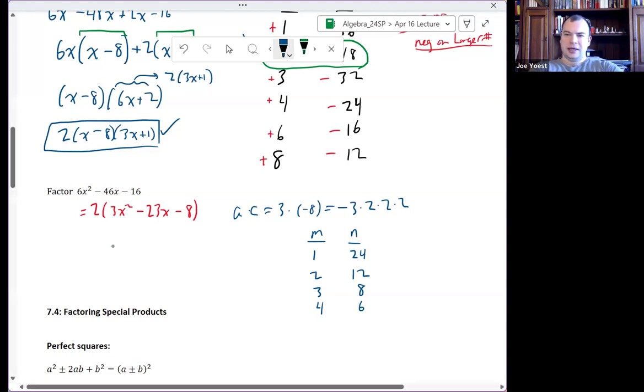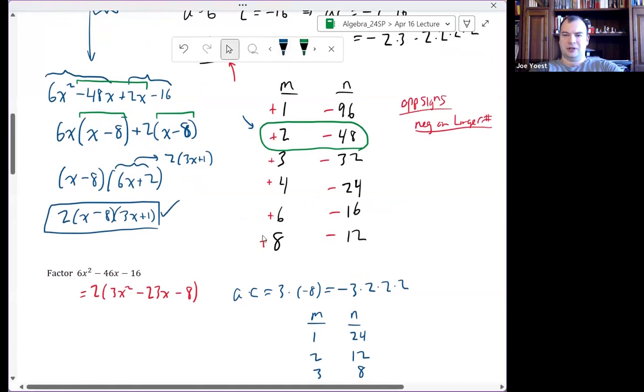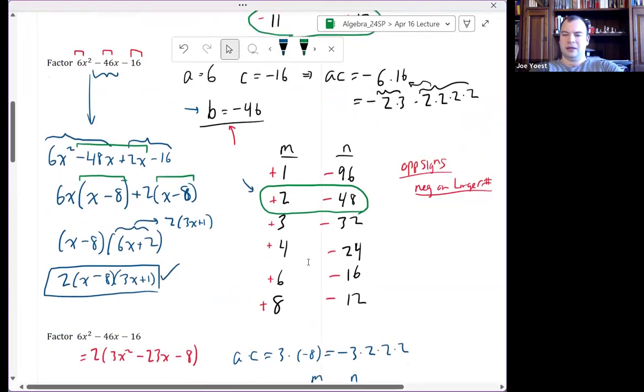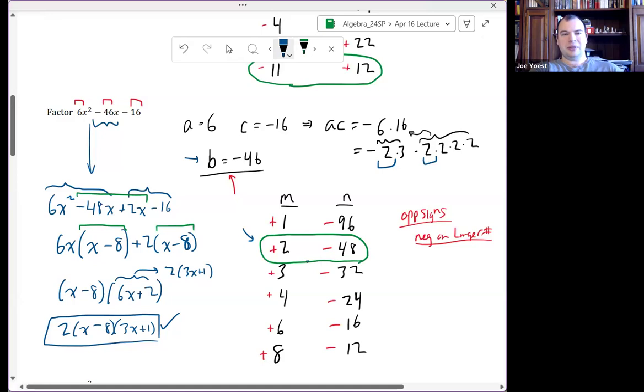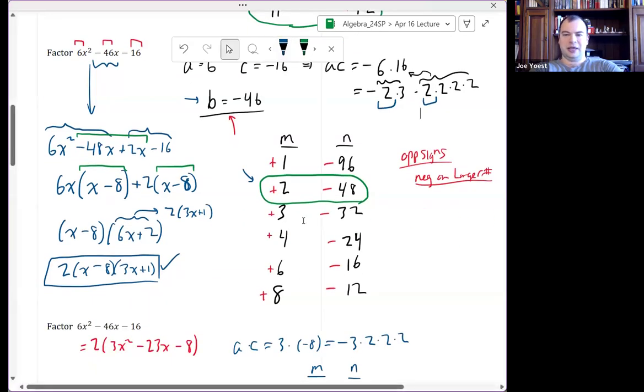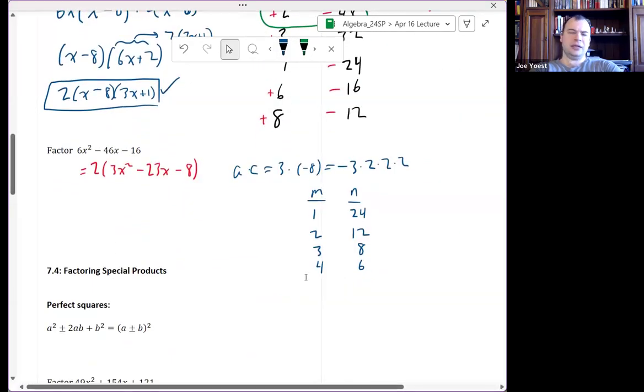So I can see that my numbers are a lot more manageable. Basically, I eliminated not just one, but actually 2 of these factors of 2. That made the number of possibilities for M and N a lot smaller, and the numbers were smaller, so they were more manageable and easier to handle.